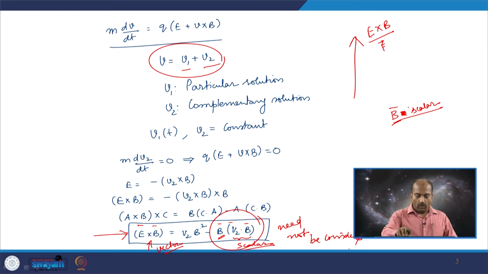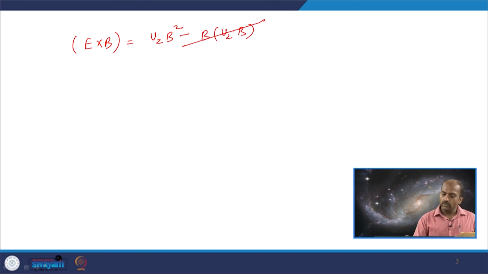Okay. Now, what does it mean? It means that if you simply write, E cross B is equal to V2 B square minus B into V2 dot B. So, this term gets neglected and we will write V2 is equal to E cross B by B square. Okay.